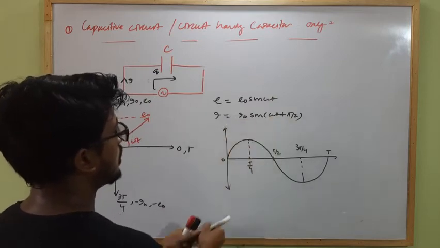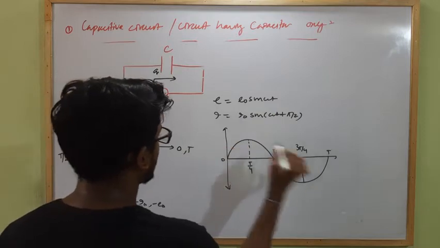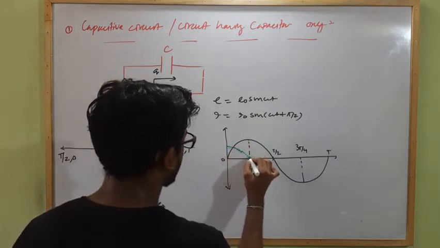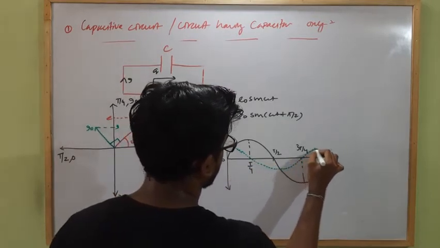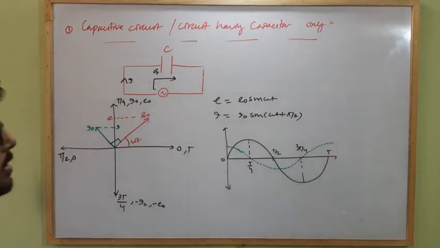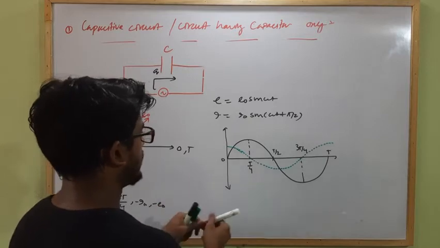I naught, pi by 2, sin pi by 2 is equal to 1, I naught. So at t equal to 0, it will be I naught. This is the expression for alternating current.